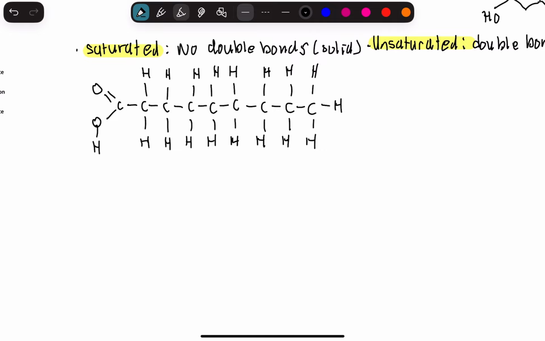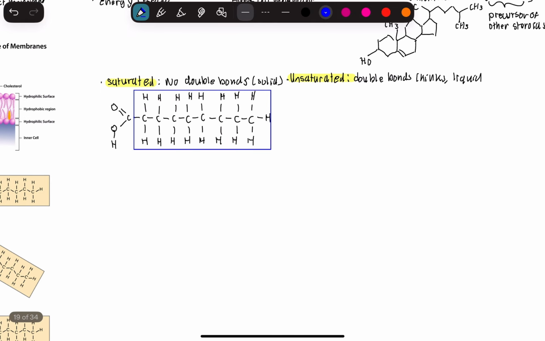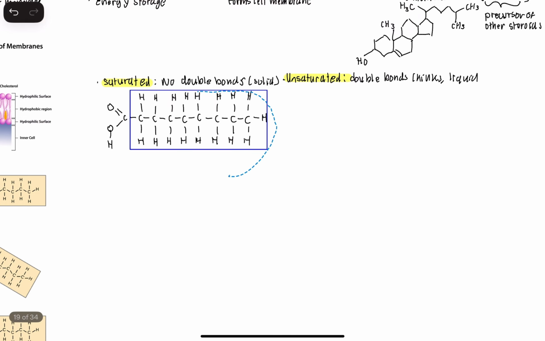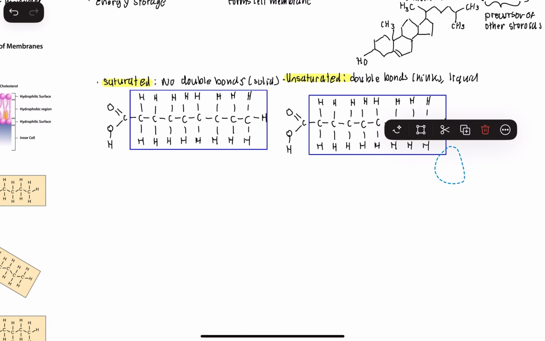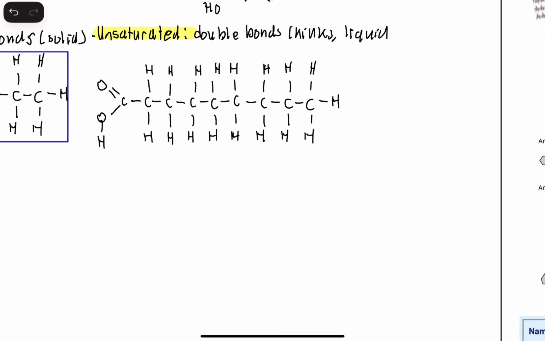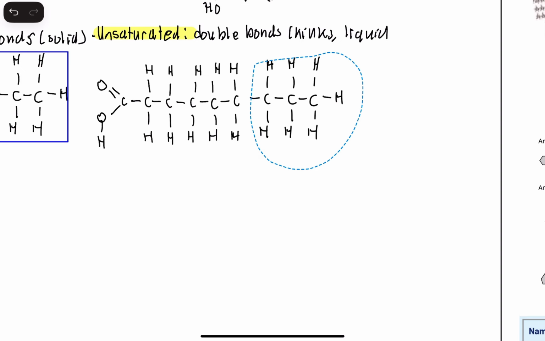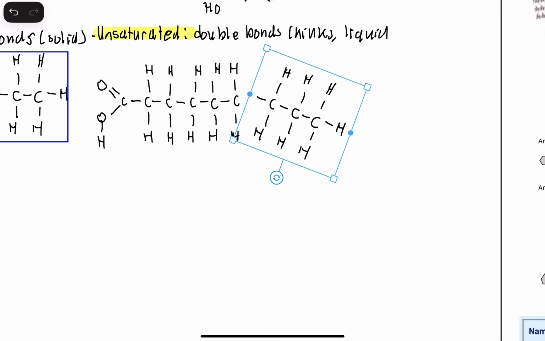When we're talking about that, we're referring to this region here. There are no double bonds. But let's say that we have an unsaturated fatty acid. This is going to be about right here. At our fifth carbon, we have a point where it kind of slants.